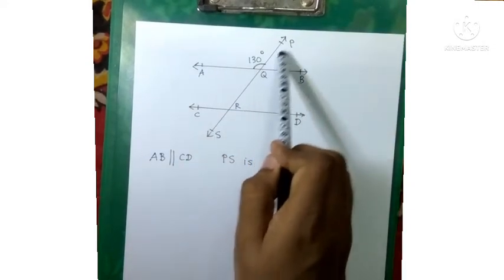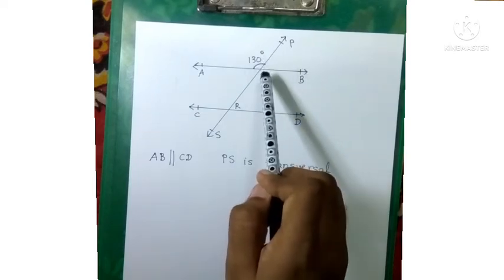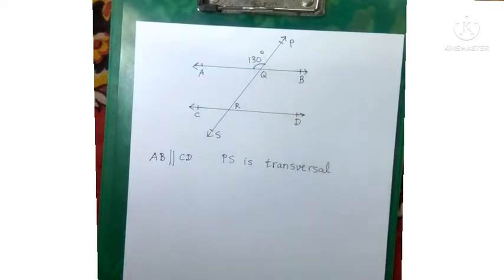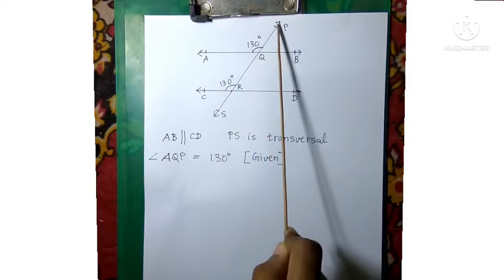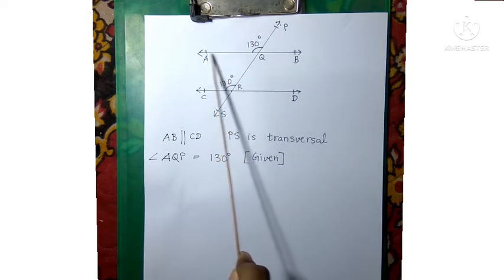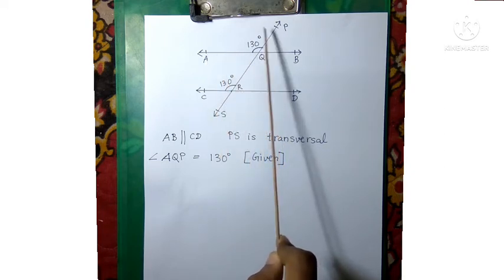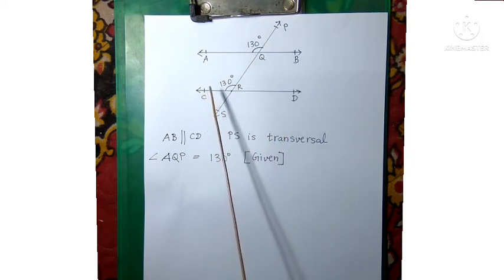Angle AQP is given as 130 degrees, which is on top of point Q. Then angle CRP will also be 130 degrees, because angle AQP and angle CRP are corresponding angles.